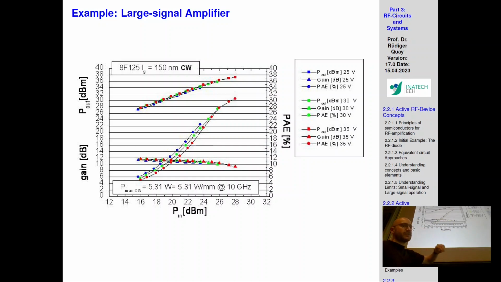It is the efficiency of the device that takes into account the DC power that you're putting in. So it's the power efficiency, but it takes into account not only P out versus P in, not only your RF power, but also your DC power that comes in. Because it's very important to take that into account, as it will definitely lower the efficiency, because the device in itself also has thermal losses.